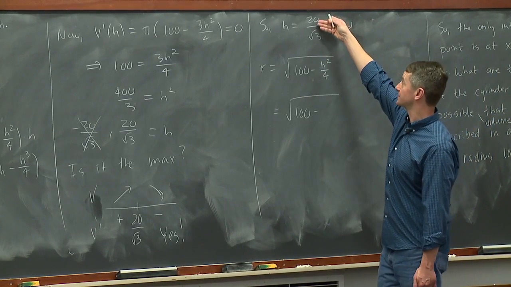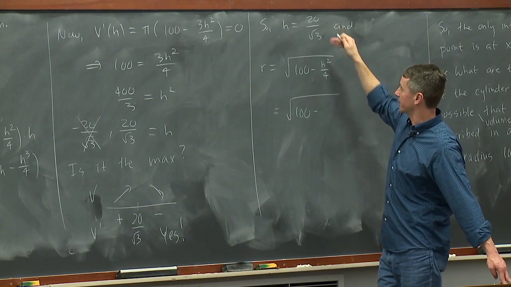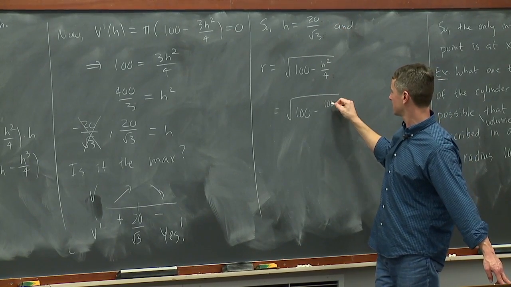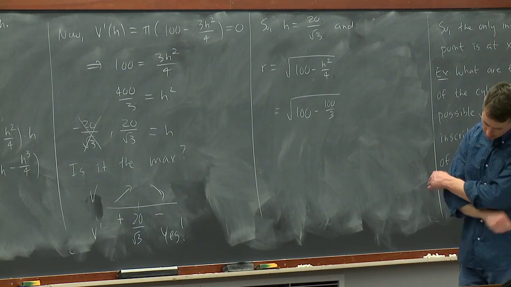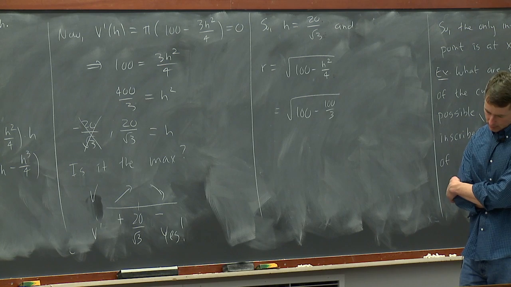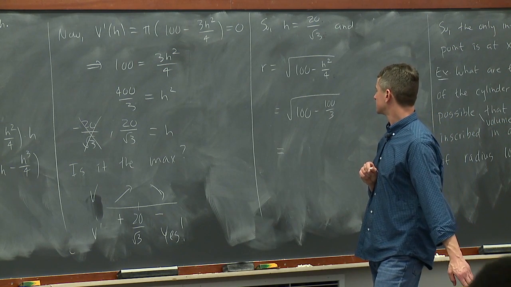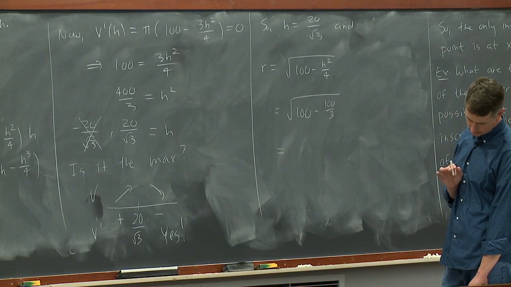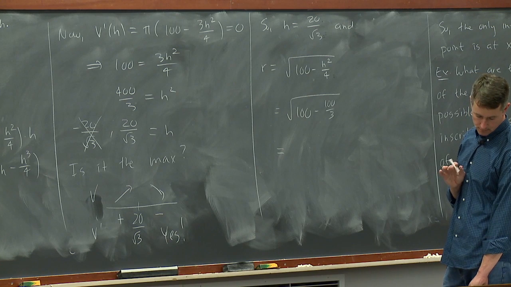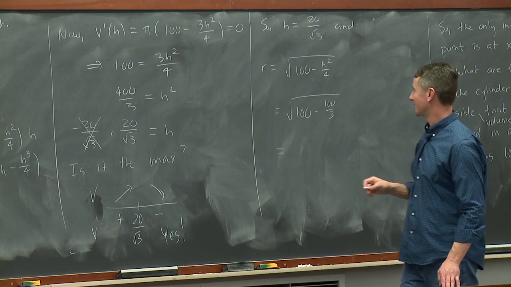If I square h, I just get 400 over 3. 400 over 3 divided by 4 is just 100 over 3. 200 over 3.